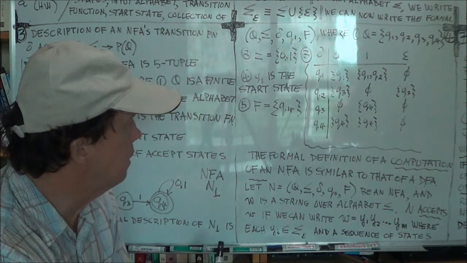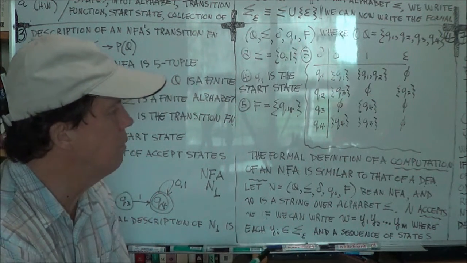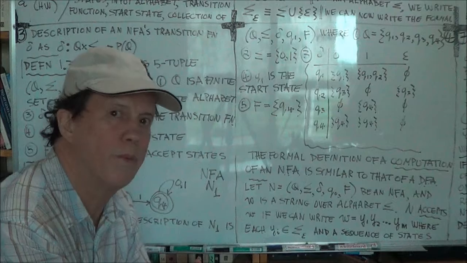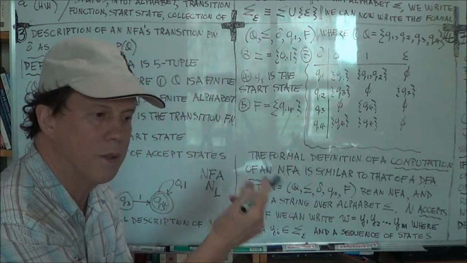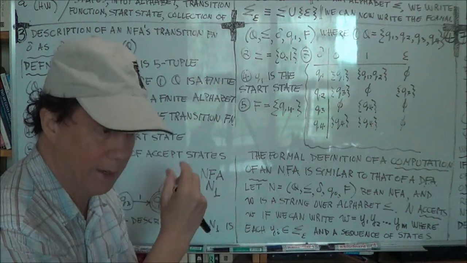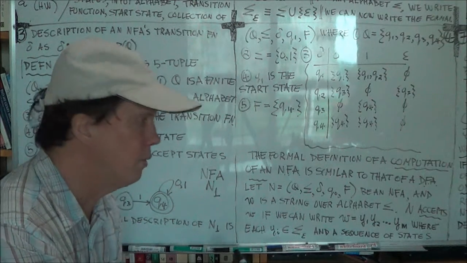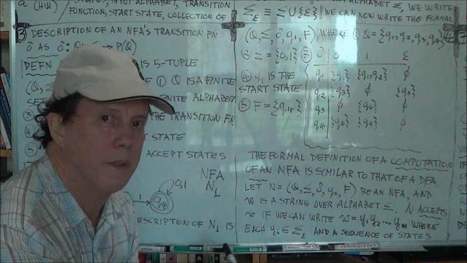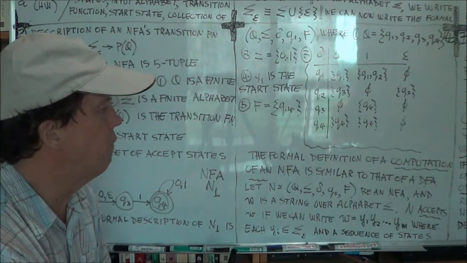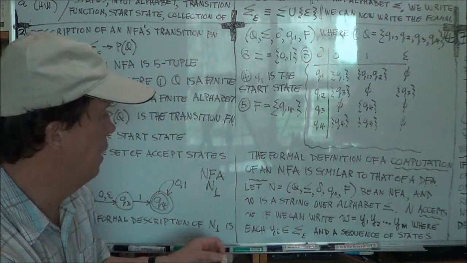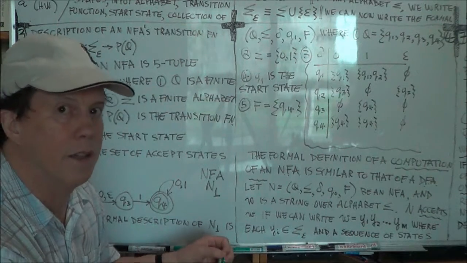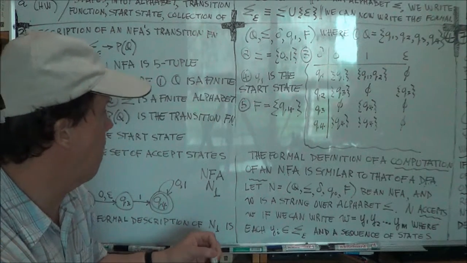Now, similarly, we did the formal description of a computation, going through state after state. How do you do the same thing for an NFA? We've done it before for a DFA, the deterministic FA. So how do you do it for an NFA, non-deterministic? All right.